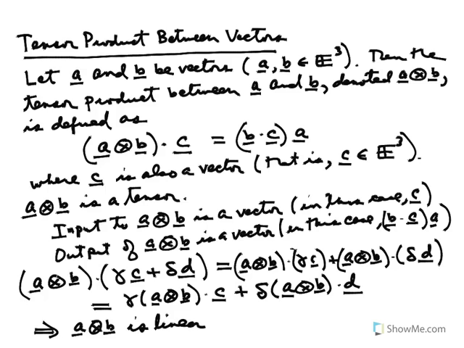Because the input is a vector and the output is a vector, and A circle cross B is linear, that implies that A circle cross B is a tensor.